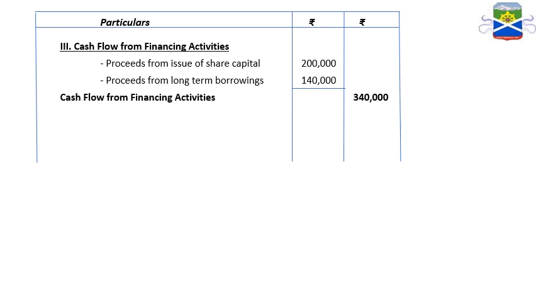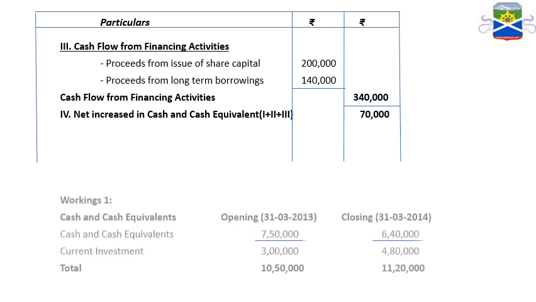We have proceeds from issue of share capital of 2 lakhs, and proceeds from long-term borrowings of 1,40,000. These are positive inflow figures, and altogether cash flow from financing activity is 3,40,000. Now we add sections 1 and 3, which are positive, and subtract section 2, the investing activity, which is a minus figure. Then we get 70,000 as the net increase in cash and cash equivalents.